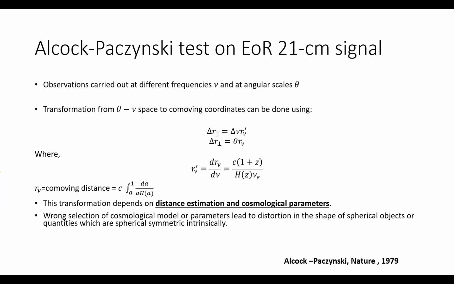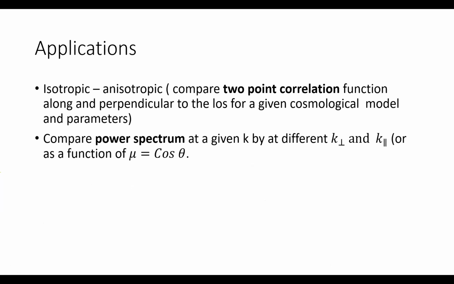If your cosmological model is wrong, or if the parameters you choose, like omega matter, omega baryon, or dark energy, are wrong, then this conversion will be wrong. That means even an intrinsically isotropic object, a perfect sphere in co-moving coordinates, may appear anisotropic because of a wrong selection of cosmological parameters or the cosmological model itself.